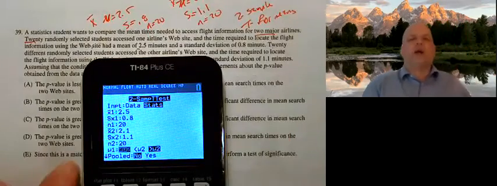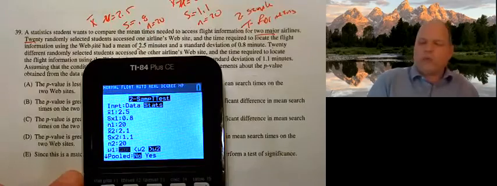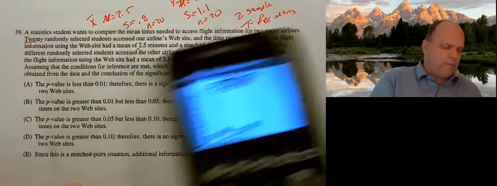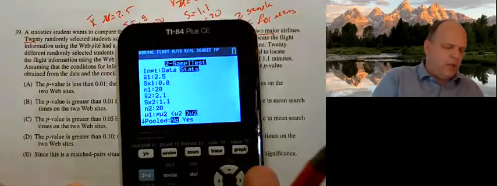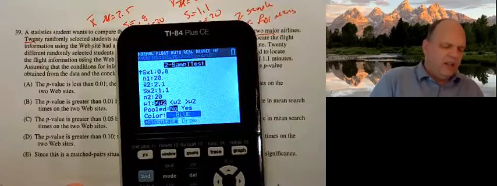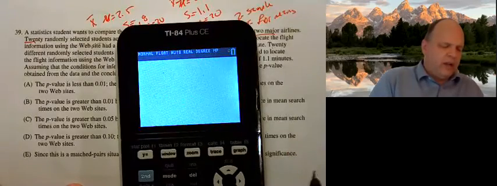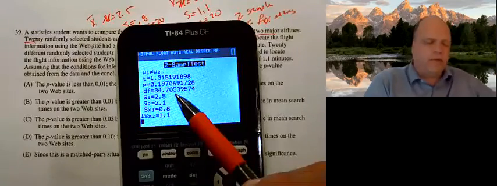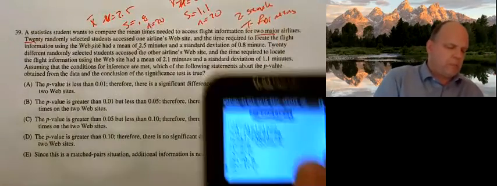And they didn't give a direction. Because they didn't give a direction, I'm going to have to use a not equal. They didn't tell me one's greater than the other. And this always bothers me when this happens, but I get a fairly large p-value, all right?